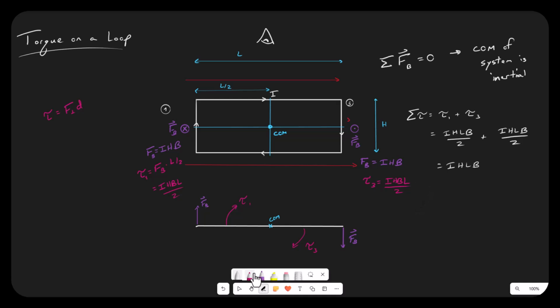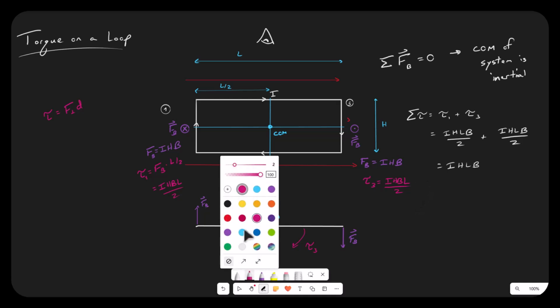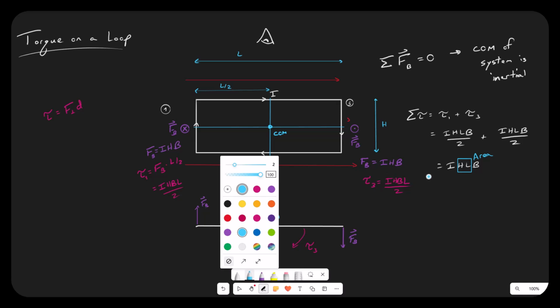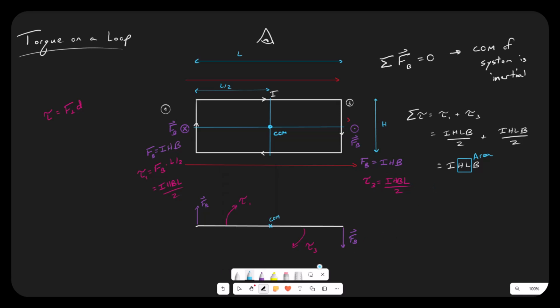Not quite done. Over here in the middle of this formula, I have this H times L. H times L looks a lot like an area, and it is. So I'm going to get a total torque on this loop that is I times the area of the loop times B.